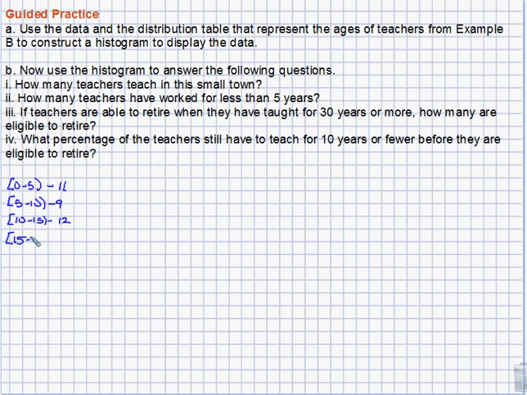And 15 to 20, we had a frequency of 14. 20 to 25, we had a frequency of 7. Did I write that down right? Oh yeah, that's right. And then 25 to 30, we had a frequency of 10. 30 to 35, 11, and 35 to 41.